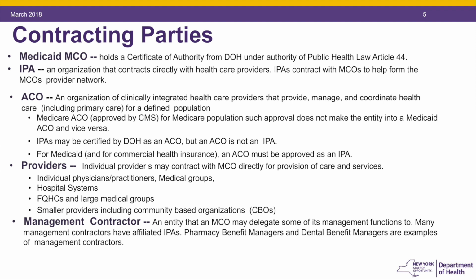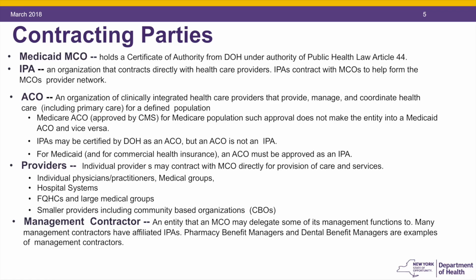IPAs, those independent practice associations up above, may be certified by DOH as an ACO, but an ACO is not an IPA. For Medicaid only, and for commercial health insurance, an ACO must be approved as an IPA in order to contract with the providers. Providers, I don't think I need to talk about this. You know what providers are.